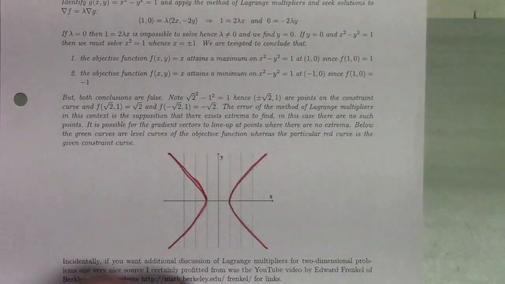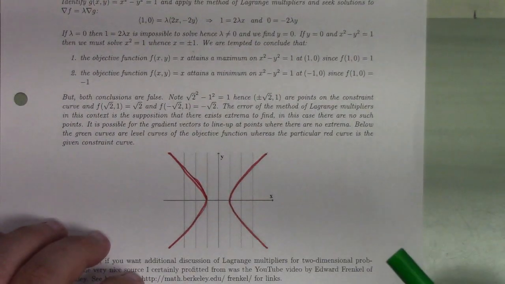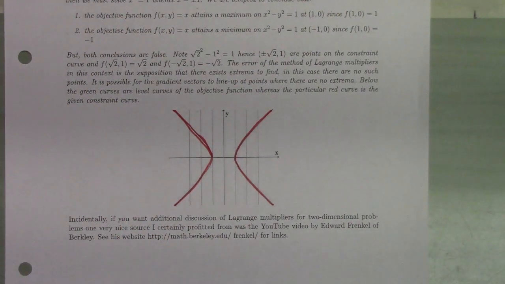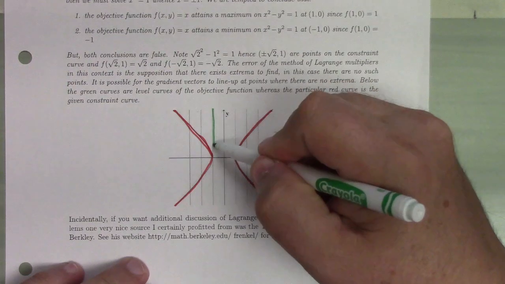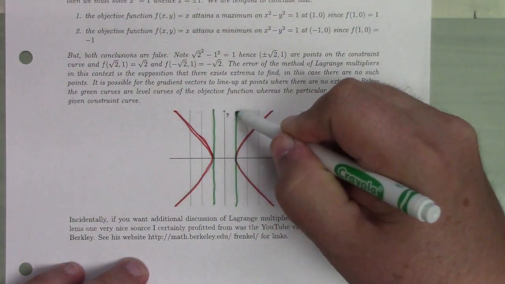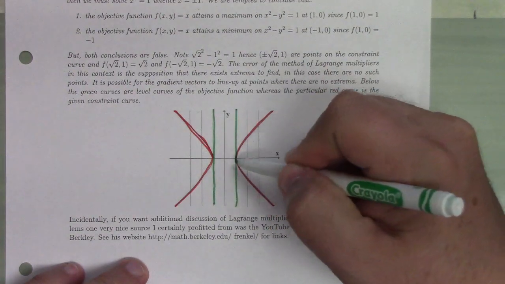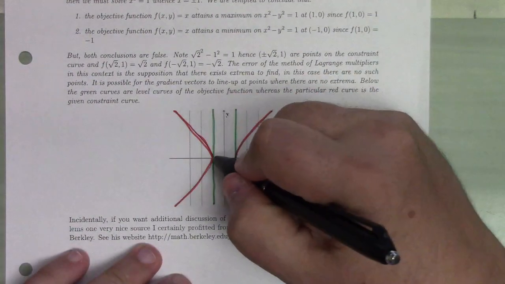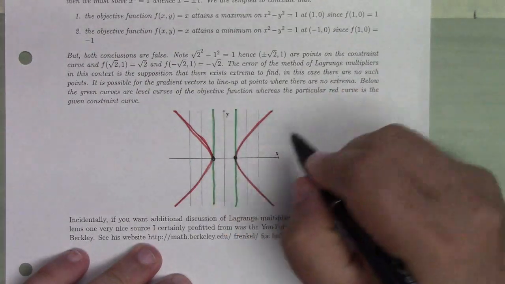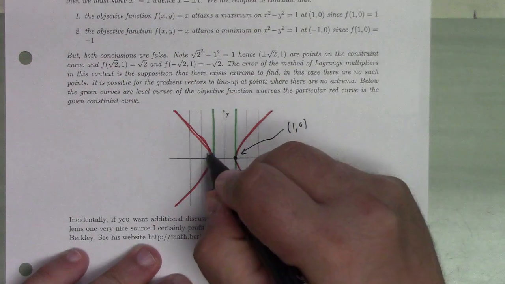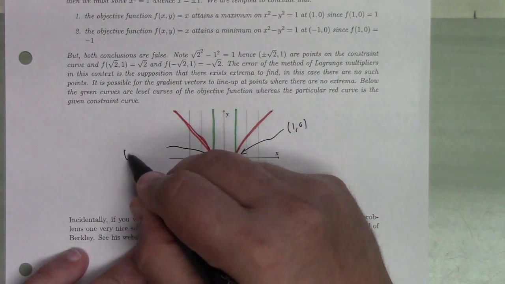So again, the method of Lagrange multipliers led us to basically this one and that one as being the levels where the gradient for the green matches the gradient for the red, in particular at these points: (1, 0), and this one over here, (minus 1, 0).